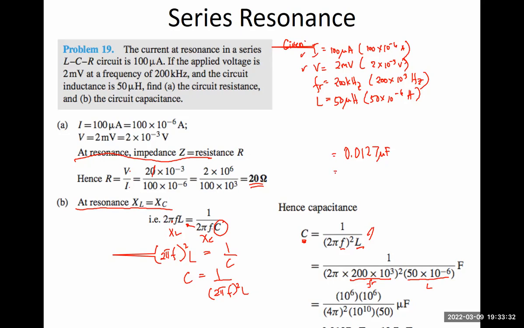Or we move another 3 places to the right, so that is 12.7 nanofarad. So this will now be equal to 12.7 times 10 to the negative 9 farad. So that will now be our final answer.